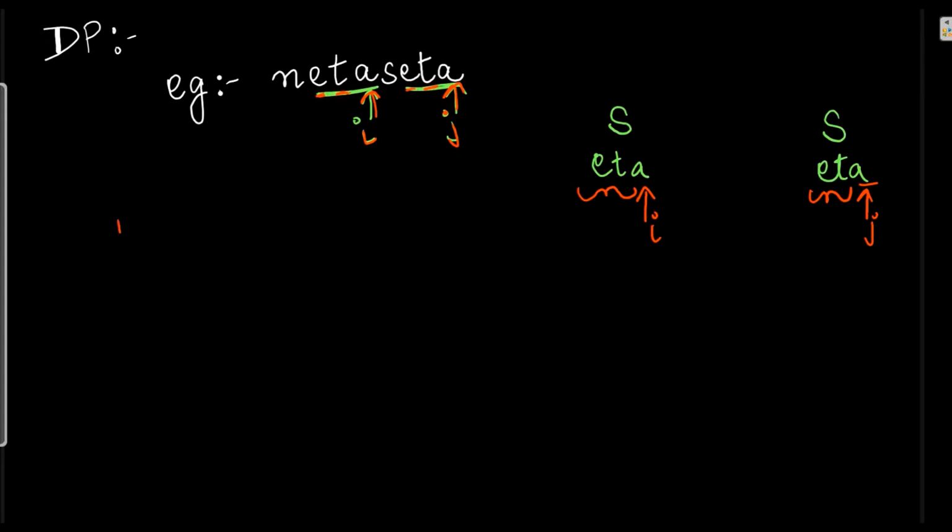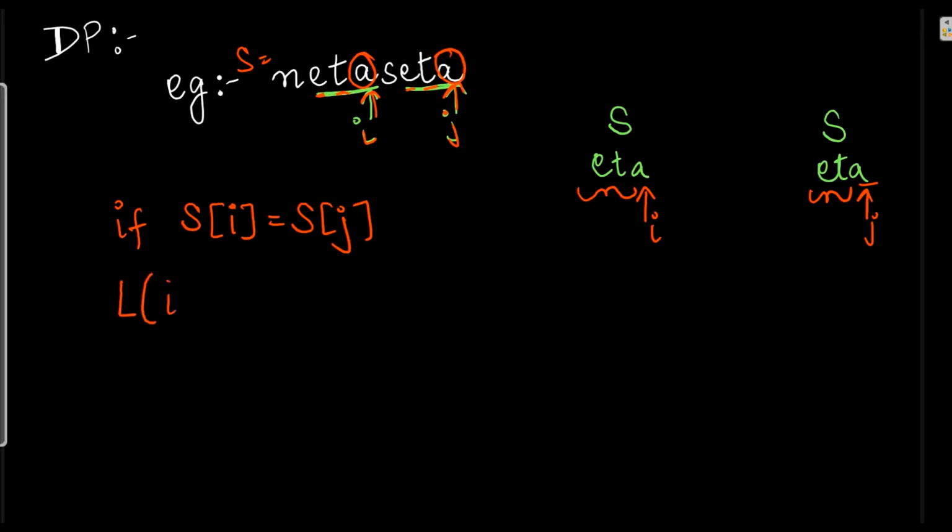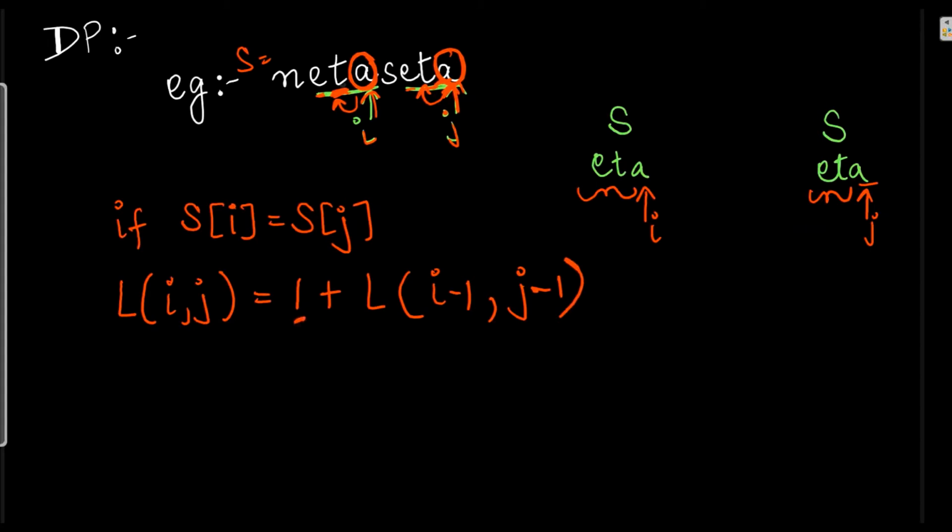So we can say if S of I is equal to S of J, that means if A is matching with A, then I'll be making the other matrix where its IJ will be equal to 1 plus, as A is matching, then it will be checking for I minus 1, that means this T, as it is at left, and J minus 1, the left character of J. Here 1 is for the A we were checking.